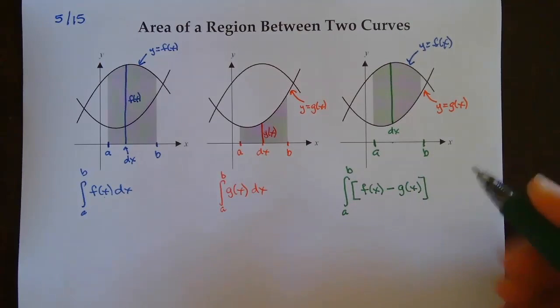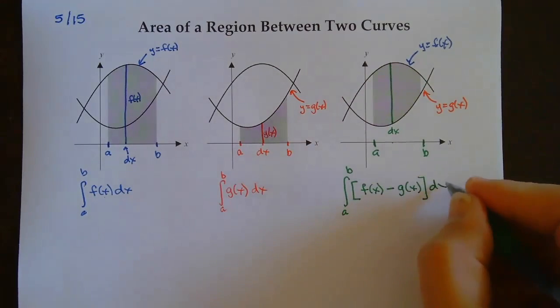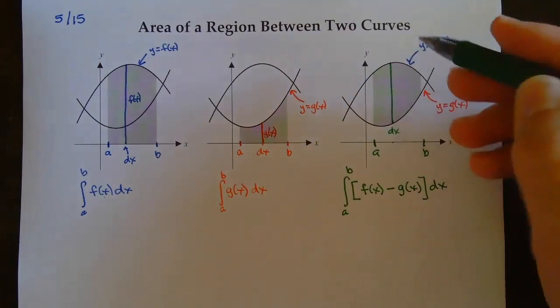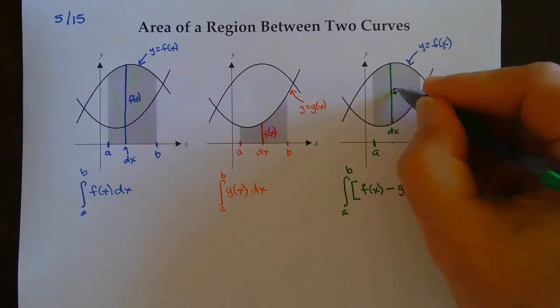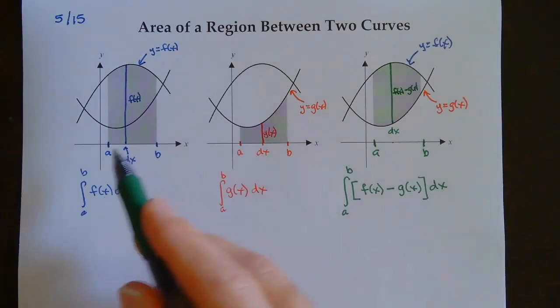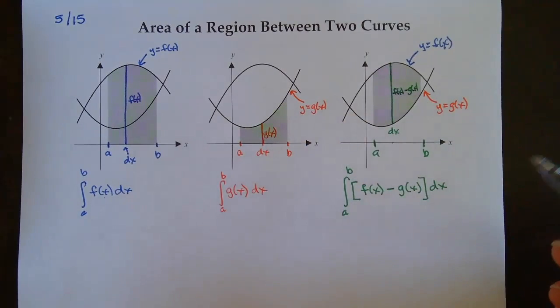We always want this one to be positive because we're trying to find areas, and I need the dx. The f of x minus g of x would be the length, instead of just plain f of x or just plain g of x.